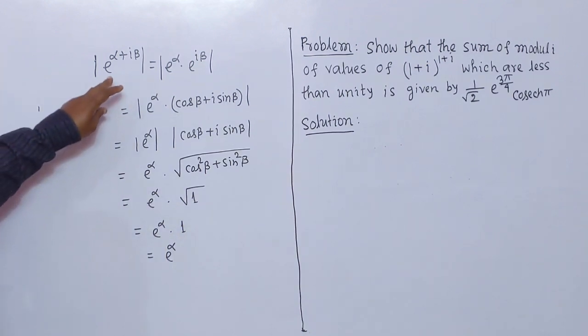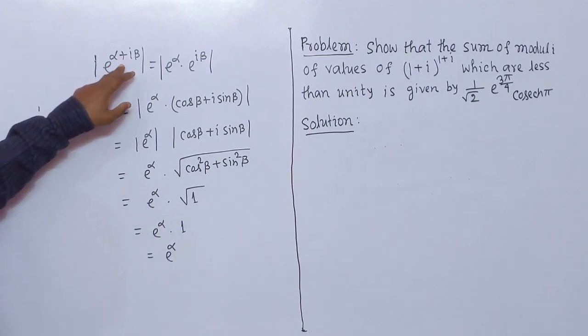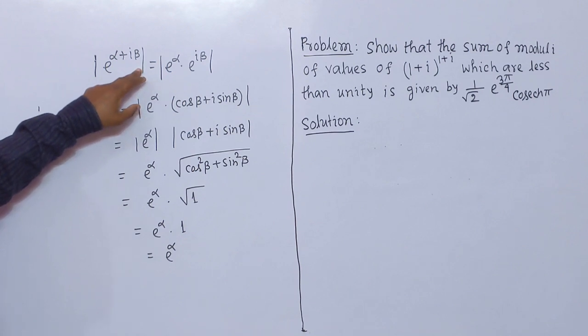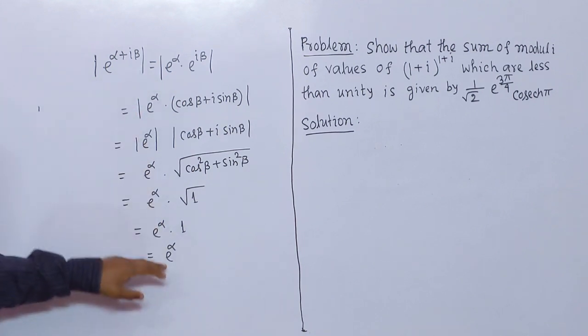So modulus of e to the power alpha plus i beta is e to the power alpha.